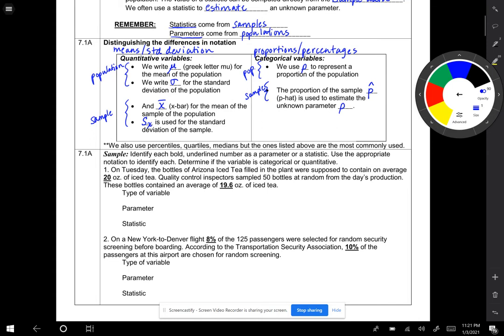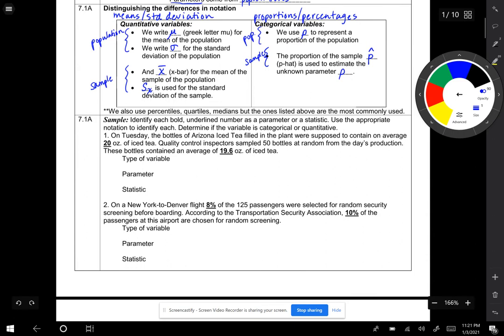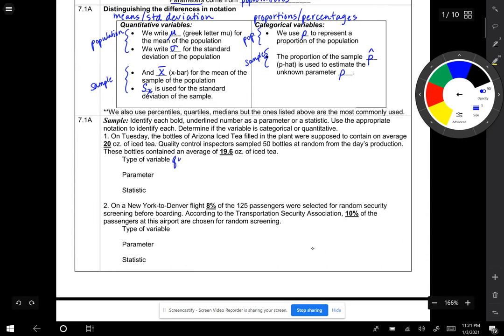So the type of variable here that we are talking about will be quantitative because it's numerical. So it's quantitative. And the units measured are ounces of tea.